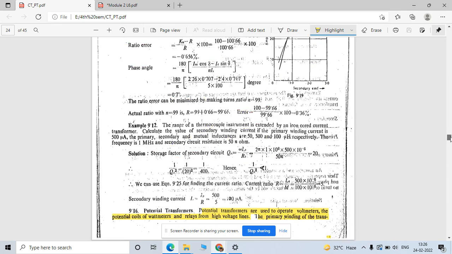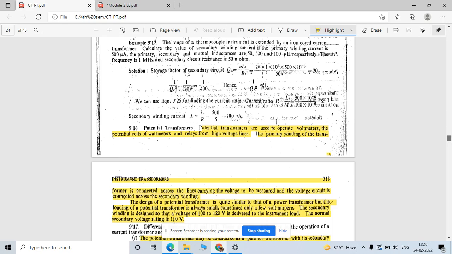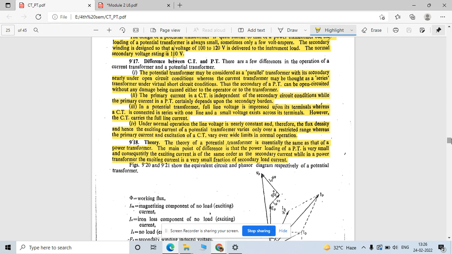Yes, this thing, see, these are the comparison between these CTs and PTs. You can also refer to these points.